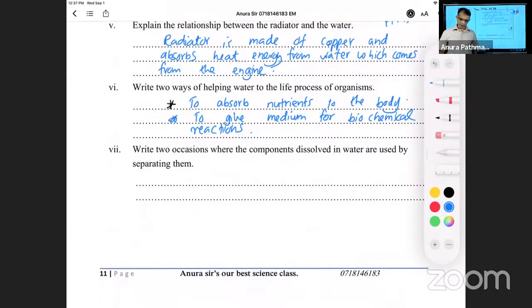Right, two occasions where the components dissolved in water are used by separating them.